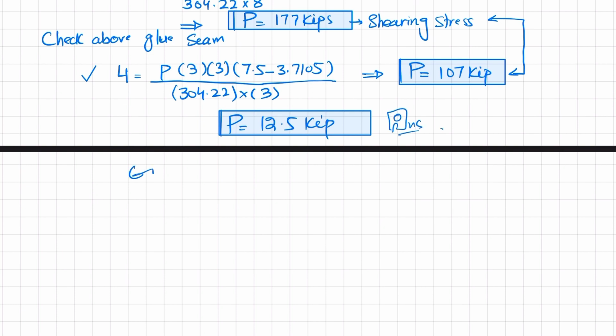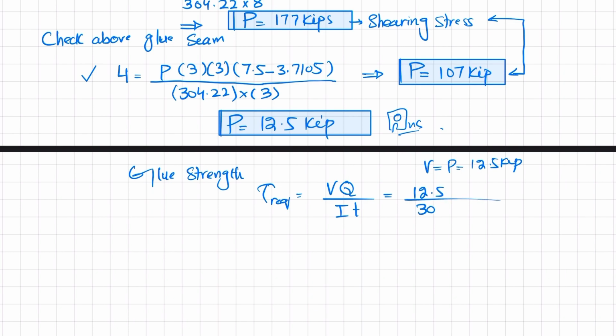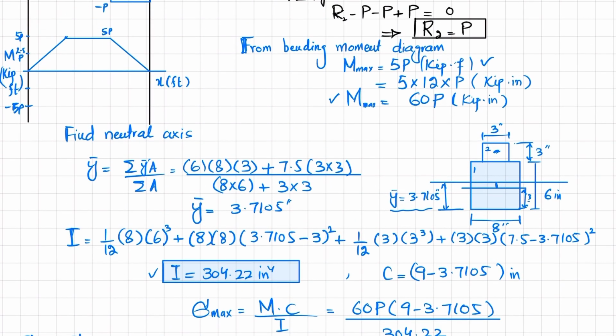Now we will talk about glue strength. So for glue strength, the required shear strength is equal to V into Q divided by I into T. So V is equal to P, and P is calculated as 12.5 kips. So 12.5 divided by I, which is 304.22, and the glue thickness is 3. And what about Q? Q is the same as this portion.